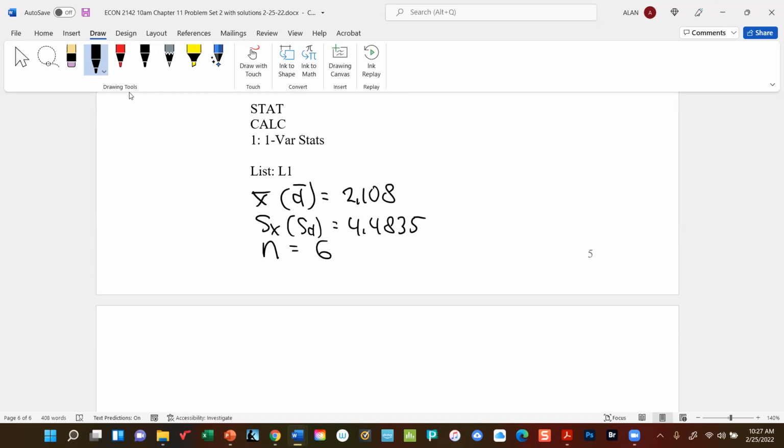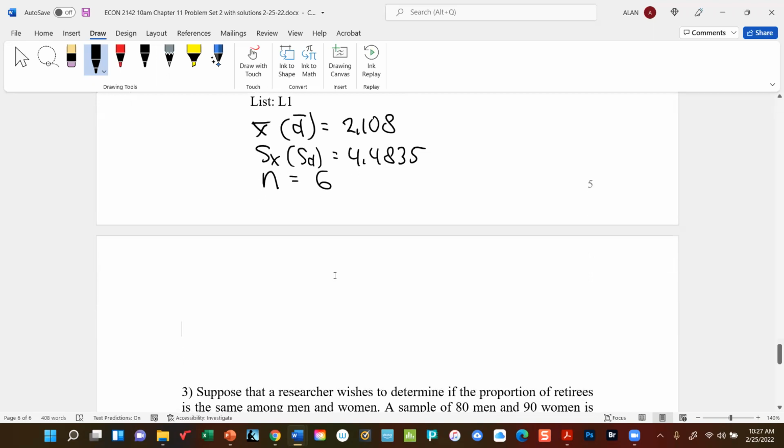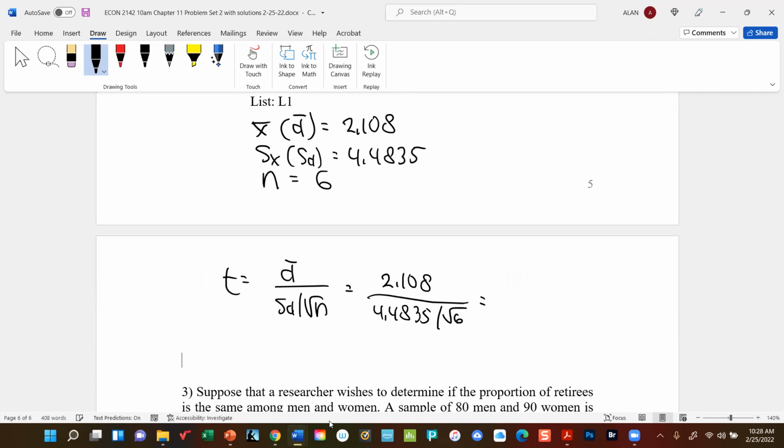So the test statistic will be, all right, and so that should give you about, let's say, about negative, wait a minute.